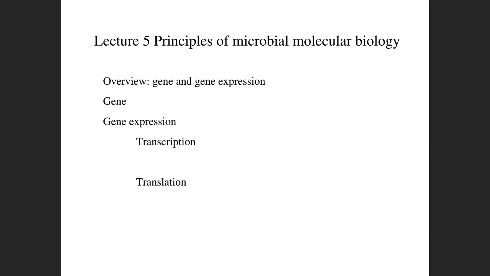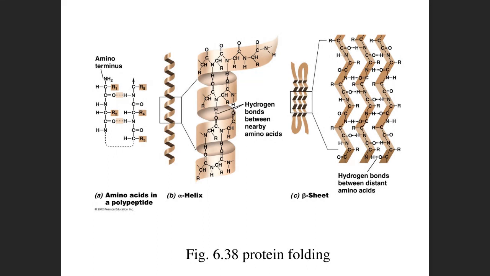So that's the transcription and the translation. And after the translation, the protein forms. When the peptide comes out of the ribosome, the amino acids interact with their neighboring amino acids, right?